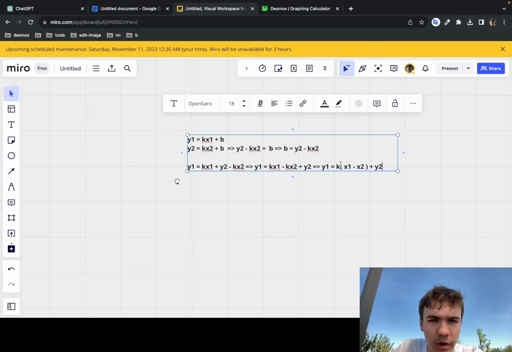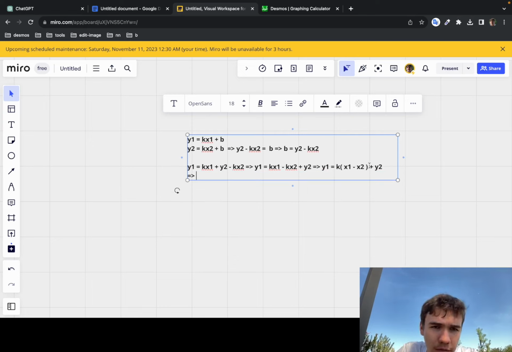So now the question is, I need to find this k. Now we have just one k. In order to do this, we go further. First I want to subtract y2 from this side and from this side. So what I get is y1 minus y2, which is equal to k, the same thing, x1 minus x2, and then plus y2 and minus y2.